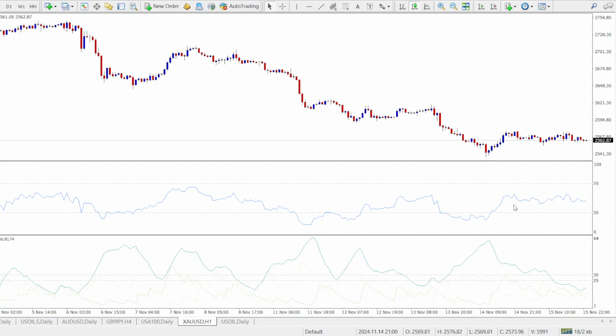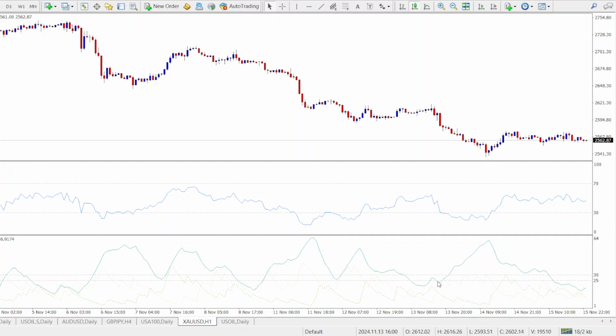Now, as for the ADX, the average directional index, the ADX measures the strength of a trend, also ranging within a specific zone in the indicator window. You can see both of these indicators are fixed within an indicator window. When you have a value above 25, it indicates that there is a strong trend.